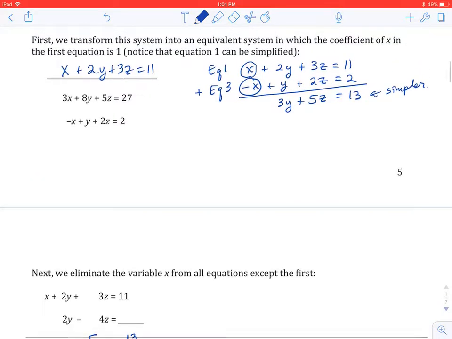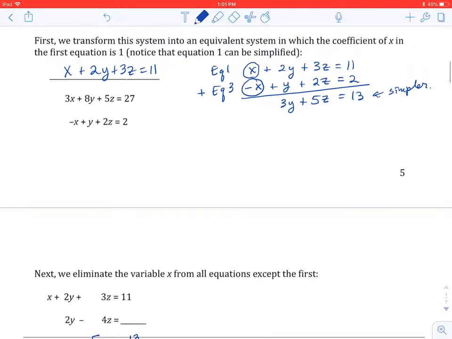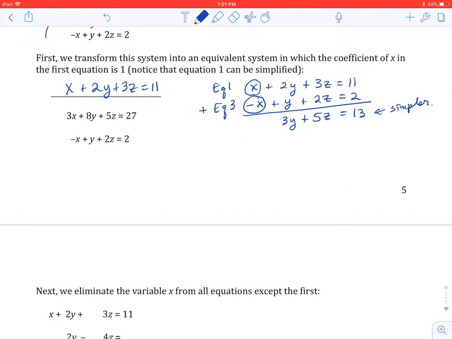Now, we also want to do the same thing, and we'll come back to that in a minute, with equation 1 and equation 2. But notice equation 1 has x as the first term, and equation 2 has 3x. If I added these two together, the x's would not drop out unless I changed equation 1. So that's exactly what I'm going to do. I'm going to take negative 3 times equation 1.